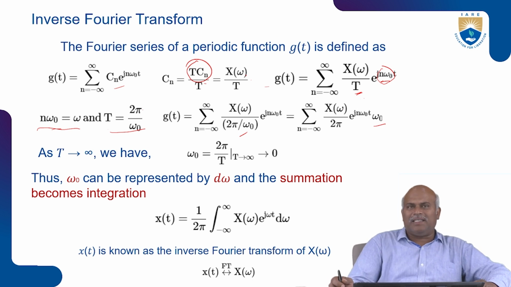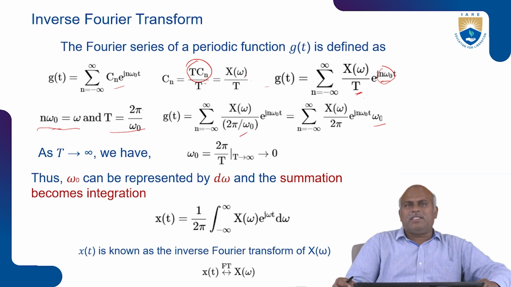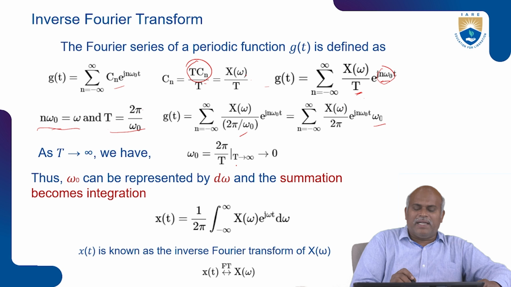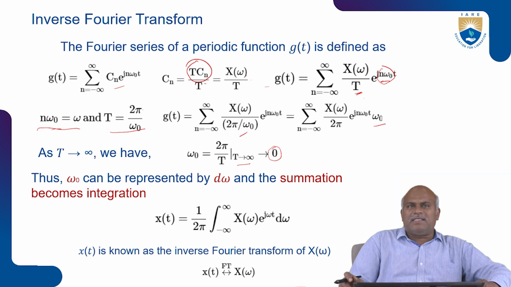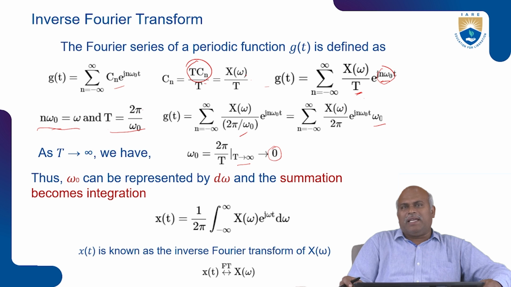Now, as per the condition we take for the frequency spectrum, capital T is equal to infinity. In this case, omega 0 equal to 2 pi by T, and with T equal to infinity, the value tends to 0. In this case, omega 0 can be represented by d of omega, and the summation becomes an integration.